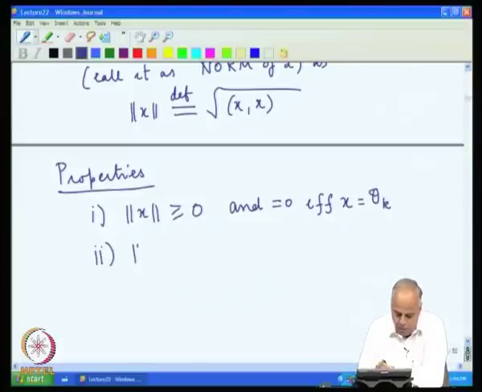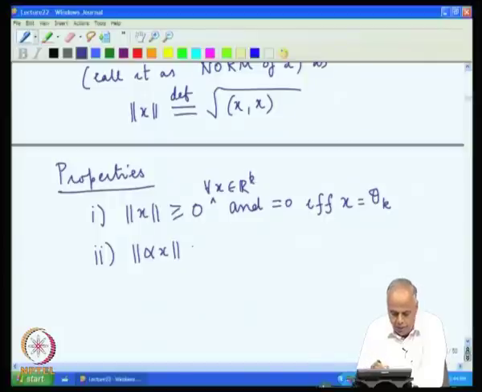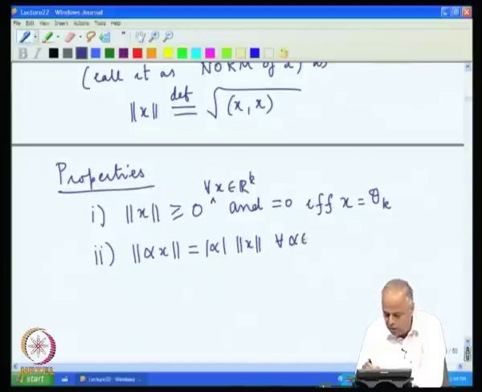And when you multiply a vector by a scalar alpha, for every x in R k, the length gets multiplied by the absolute value of alpha. So, for every alpha in F and for every x in R k.